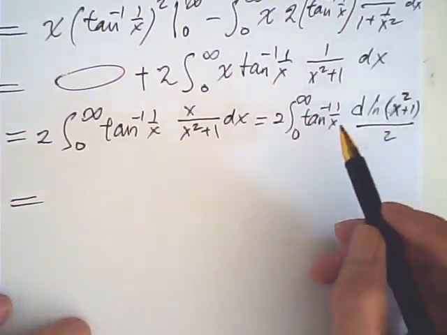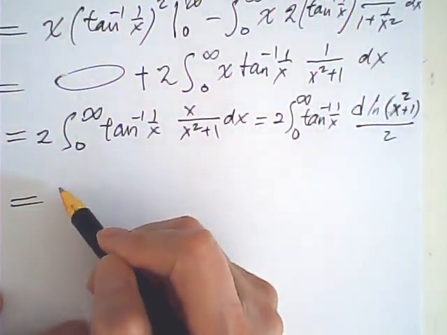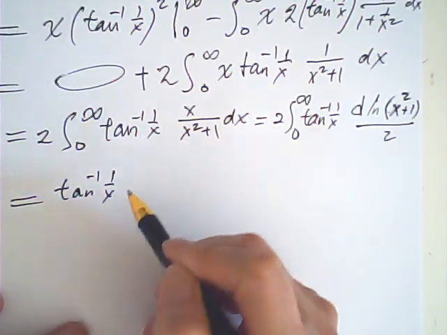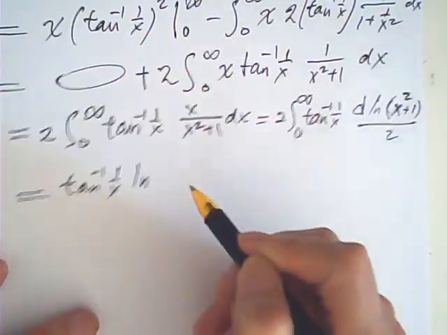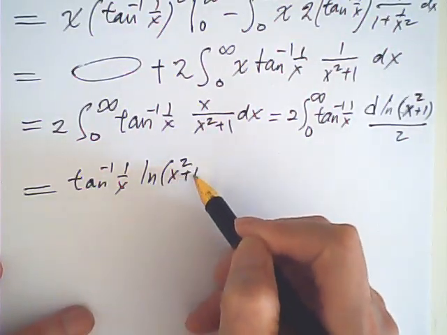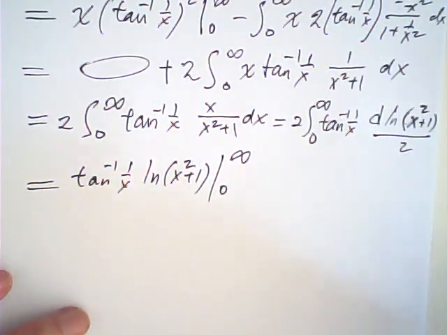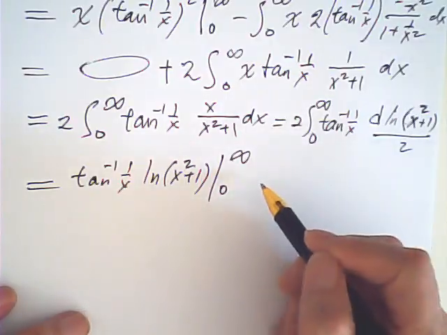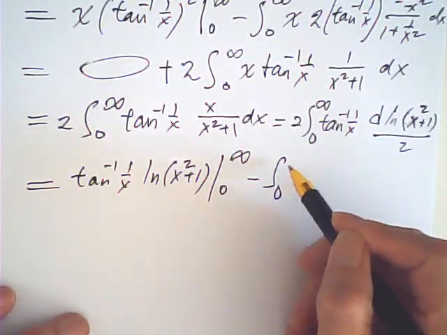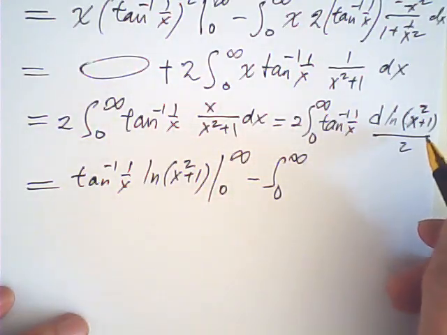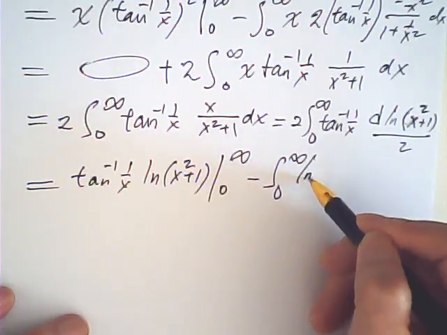This is by parts, u dv. So it is equal to arctangent 1 over x times log of x squared plus 1, from 0 to infinity, and minus the integral of v du. v is this.